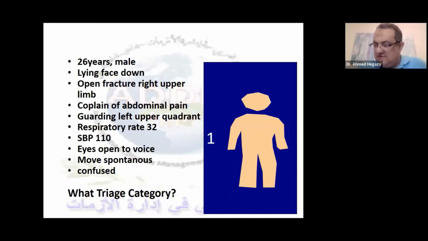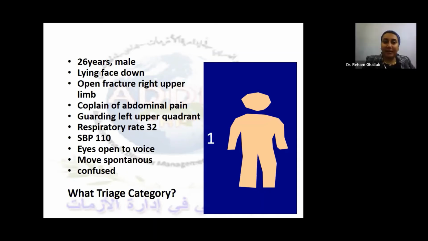Okay, so if you already captured the slides, let us review this first case with Dr. Ariham. This is a 26-year-old male, lying on his face, with an open fracture of the right upper limb, complaining of abdominal pain, guarding in the left upper quadrant, respiratory rate 32, systolic blood pressure 110, eye opening to voice, moving spontaneously, and the patient is confused.